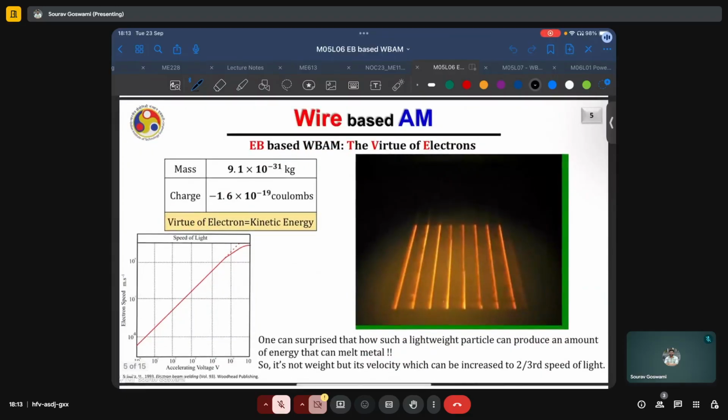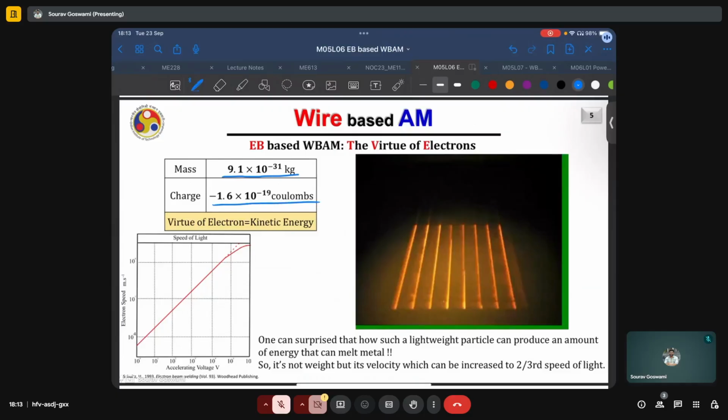Electrons, as we know, are perhaps the lightest subatomic particle with a mass of only 9.1 x 10^-31 kg and a charge of -1.6 x 10^-19 coulombs.